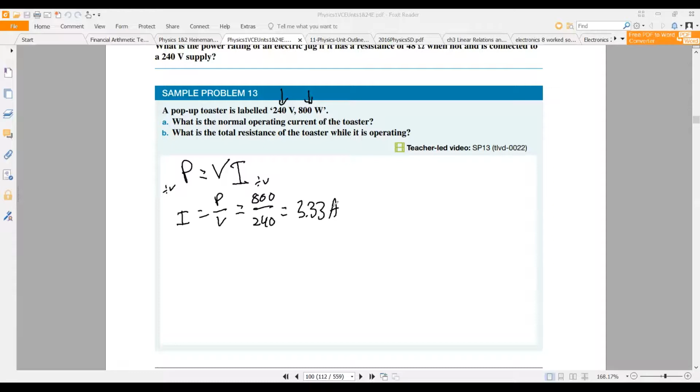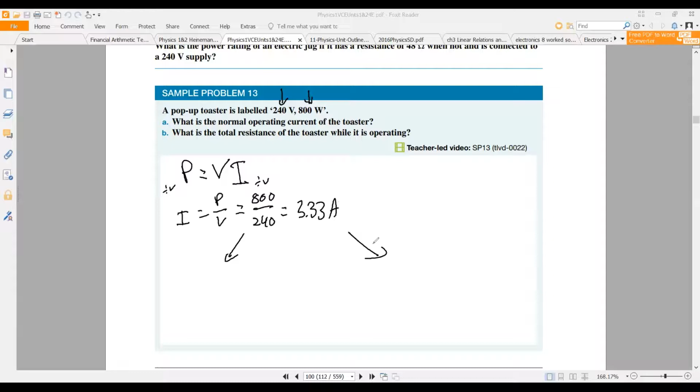Okay, B. What is the total resistance of the toaster while it is operating? Okay, total resistance. Now, there are 2 ways we can do this problem. Let's do this first the way that the question wants us to do it.